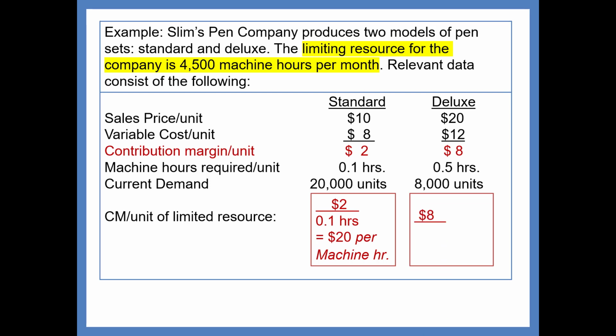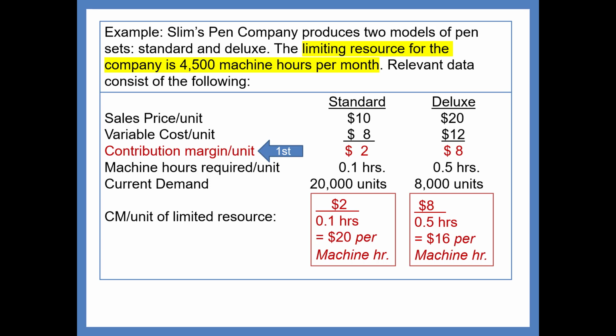We'll take the $8 per unit, divide by 0.5 hours, and we get $16 per machine hour. Now we can see that because the standards require so much less of that limited resource, they actually contribute a greater amount to profitability.